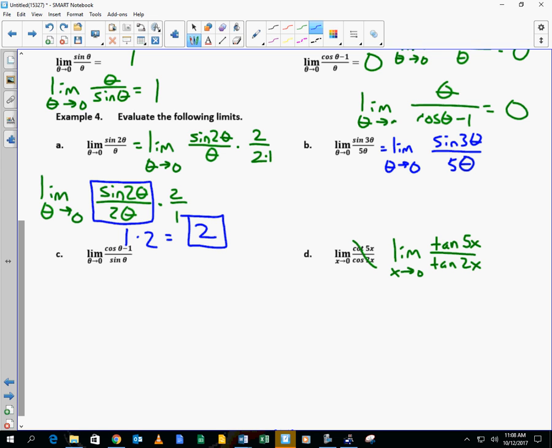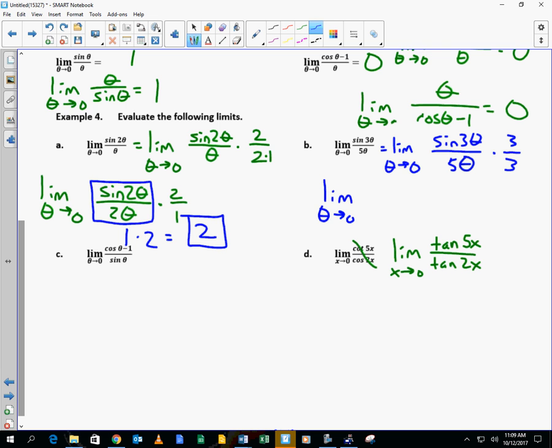So instead of a 5 theta, I would rather have a 3 theta, right? So I'm going to multiply top and bottom by 3. Not 3/5, because 3/5 is 3/5. I'm multiplying by 1. I'm allowed to multiply by 1. So I get the limit as theta goes to 0 of, I would like to put the 3 over here and the 5 over there.